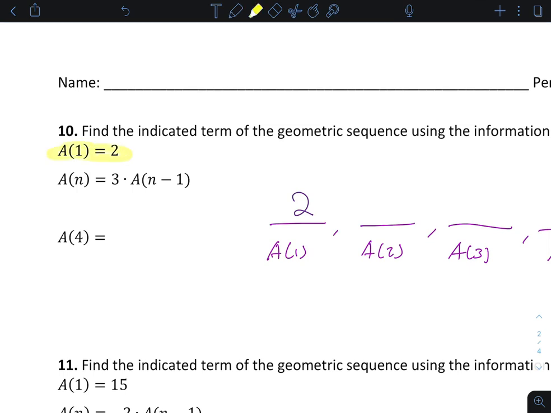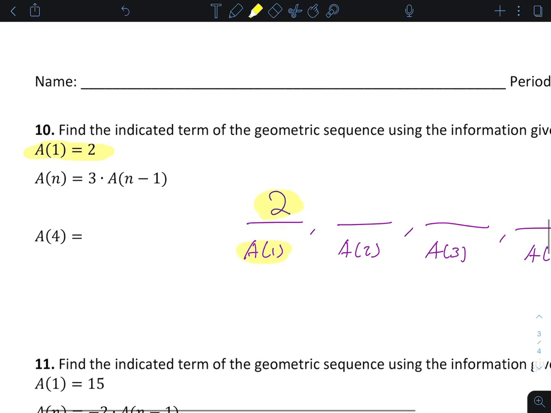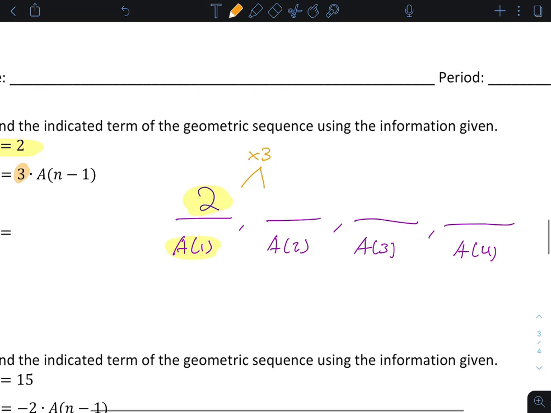Now, we don't know what A2 is, but we do know what we need to multiply each term by to get A2 because we have a common ratio of 3. So I'm going to end up multiplying all my terms by 3. So 2 times 3 is going to be 6.